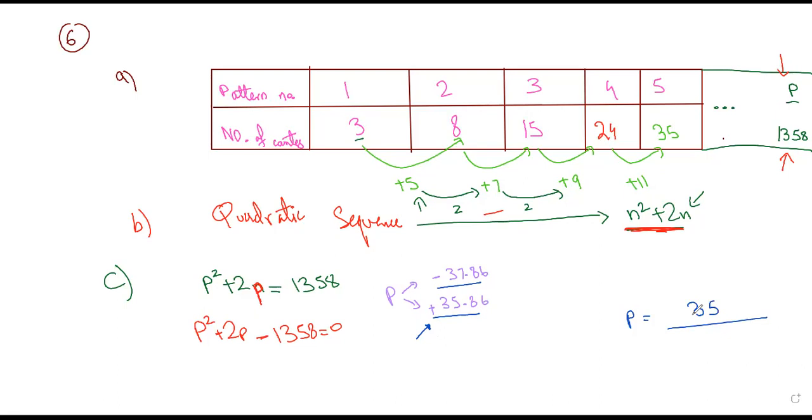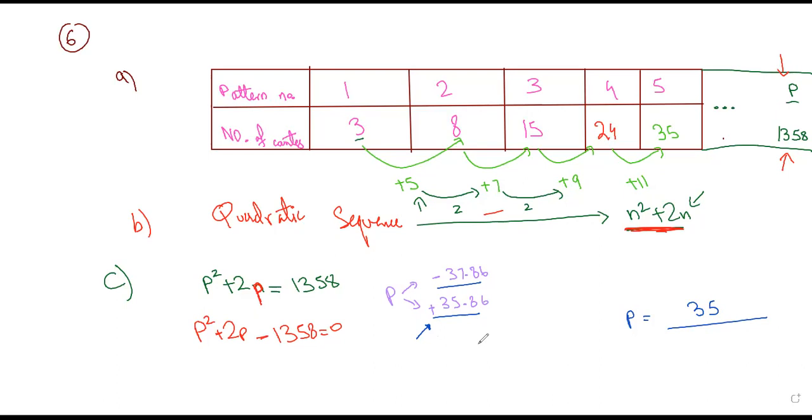You need to understand this thing. Basically, for such questions, you have to focus not only on rounding, but on the underlying concept as well. Now, Ken had 1358 counters only.